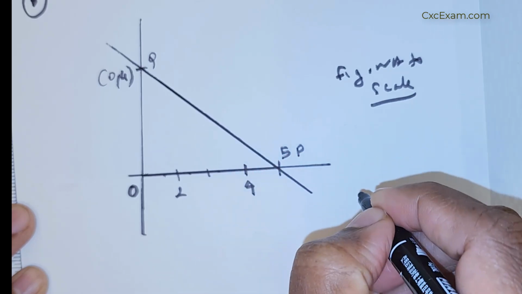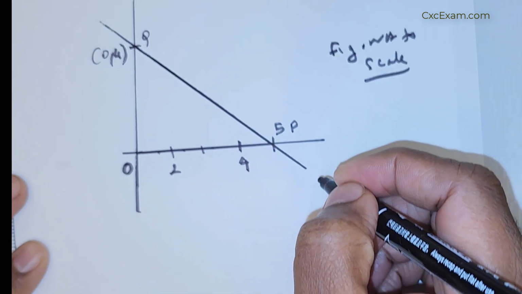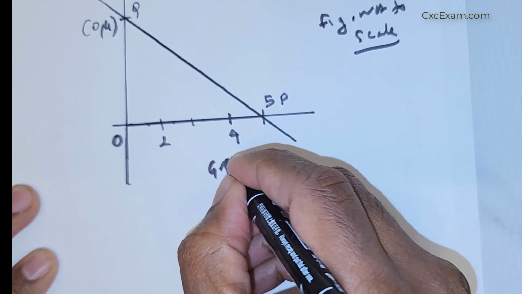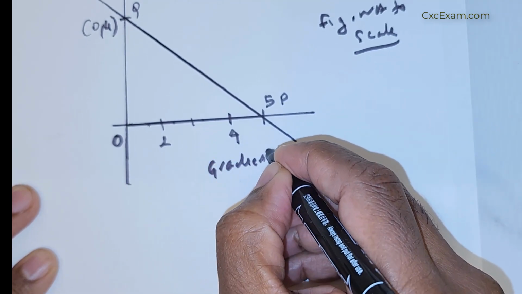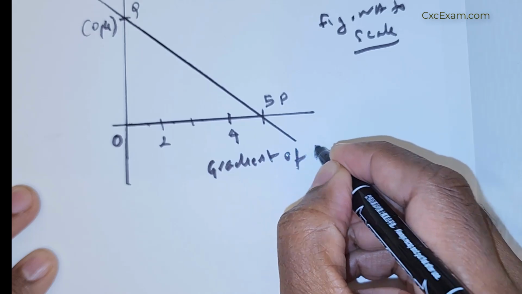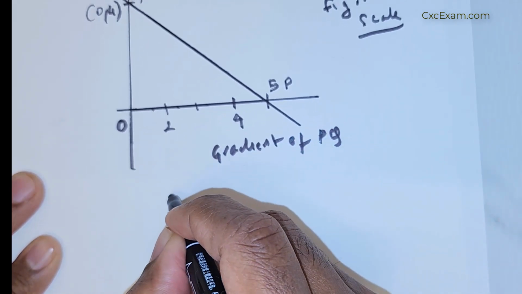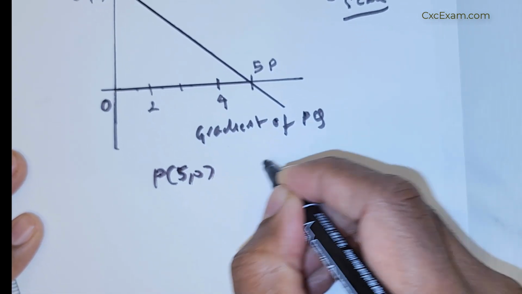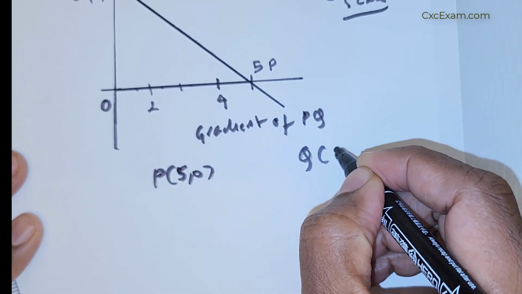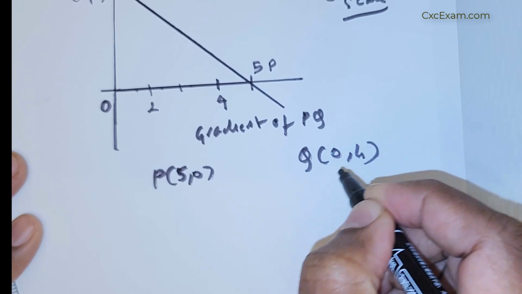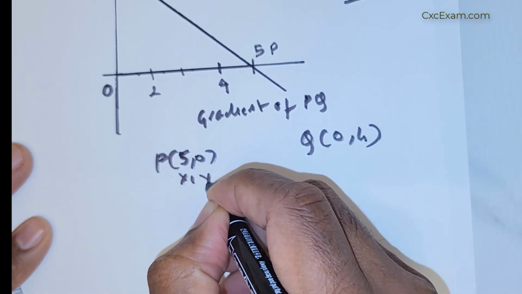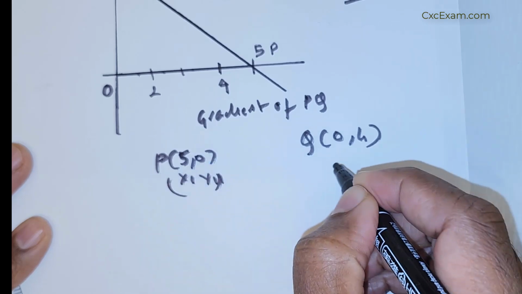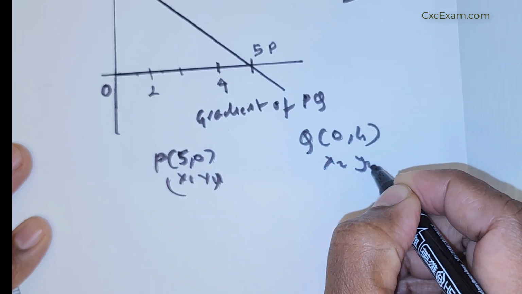So having got this, we are asked to find the gradient of PQ. So my P is (5, 0) and my Q is (0, 4). So I would take this as x1, y1 and x2, y2.